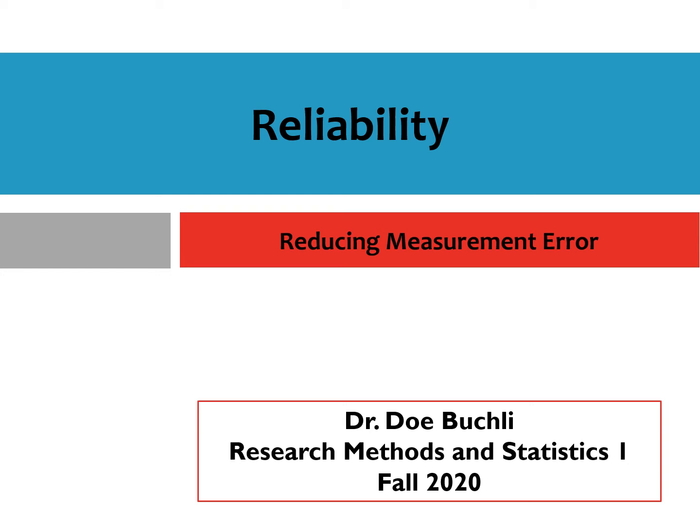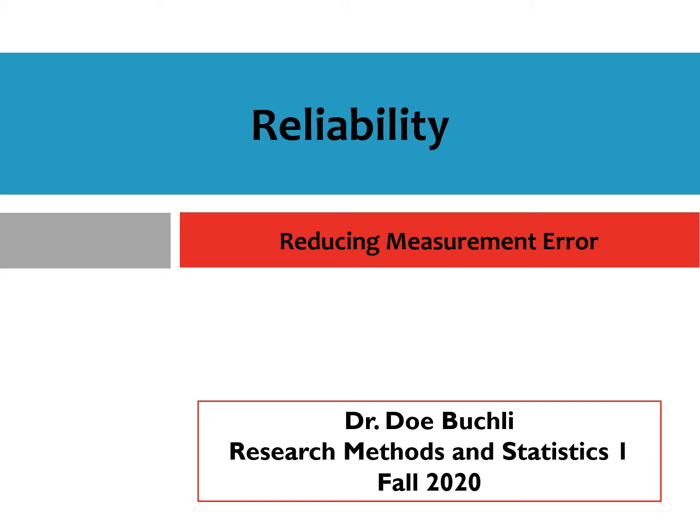Hi there, and thank you so much for joining me again for the second part of my lecture series on reliability. So you probably remember from part one, the previous video, that reliability refers to consistency of measurement.